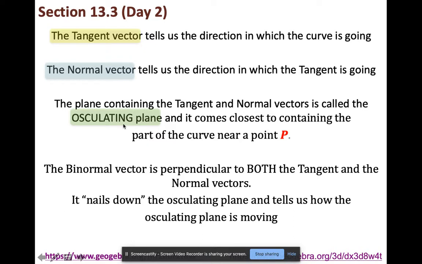Osculating has a Latin derivation. It means kiss in Latin, because it's the plane that comes closest to the part of the curve near the point. And then the binormal vector is perpendicular again to both. I think of it as nailing down the osculating plane.